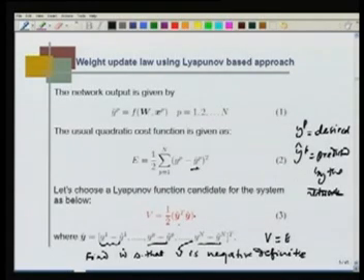This is the objective. Okay. So, find W dot such that, if I differentiate V, V dot is negative definite.